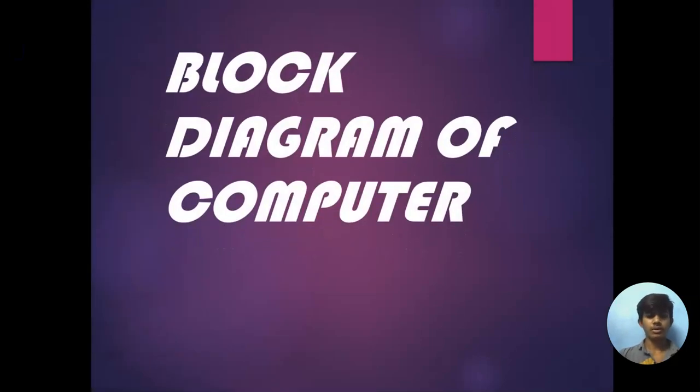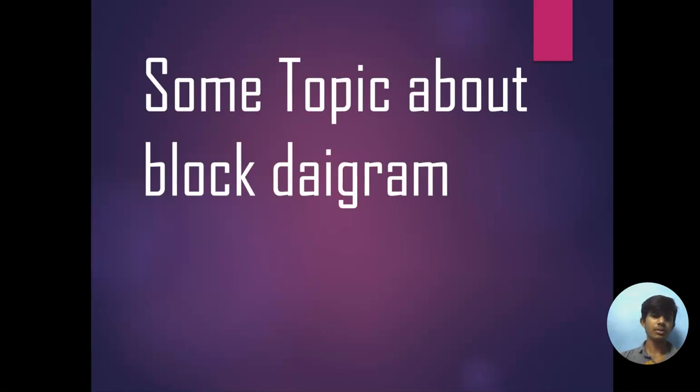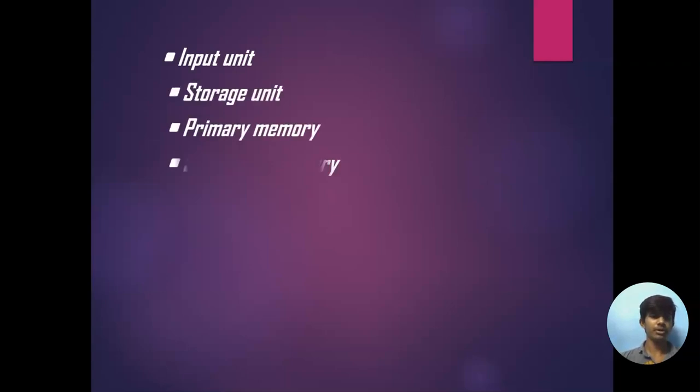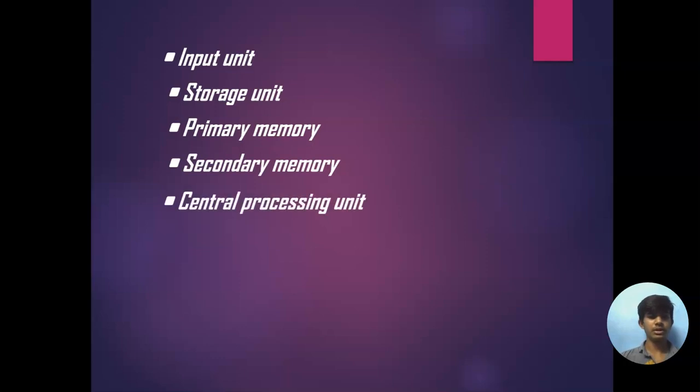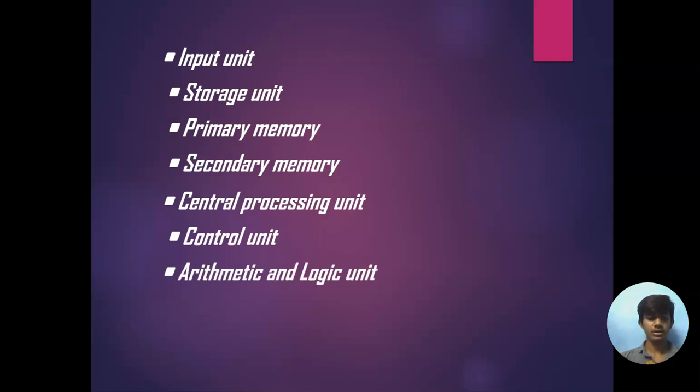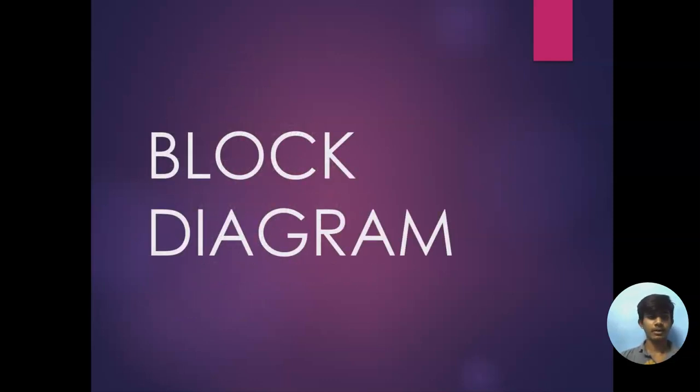A block diagram of a computer shows how the data will flow, how the data will be processed, and how we get the output. The topics are: input unit, storage unit, primary memory, secondary memory, central processing unit called CPU, control unit CU, arithmetic logical unit ALU, and finally output unit.